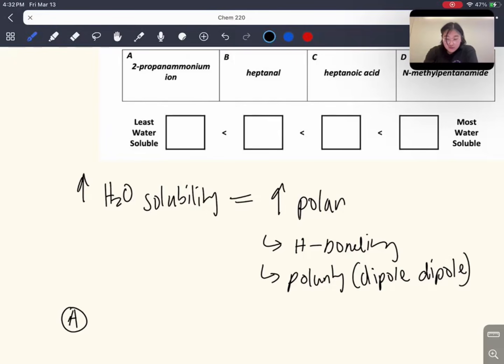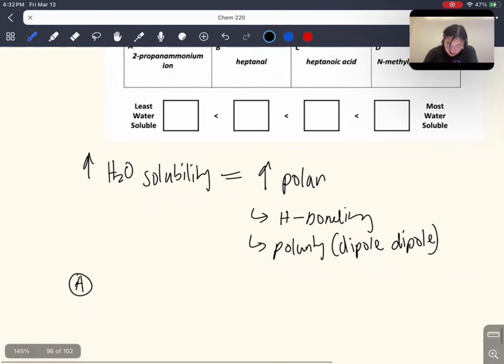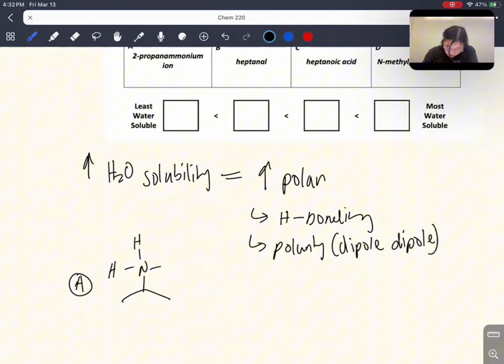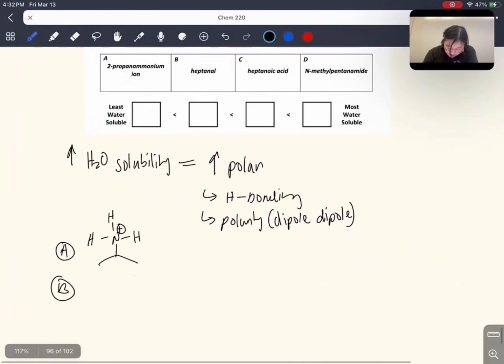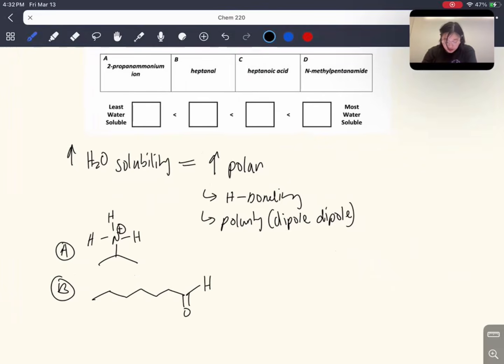So 2-propanammonium ion, so I have propane, and then on carbon 2, I'd have my ammonium ion. Heptanal looks like seven carbons, one, two, three, four, five, six, seven, and then you have an aldehyde group at the end.